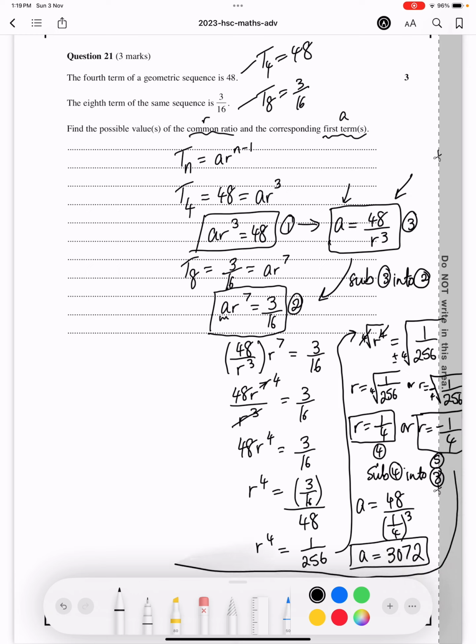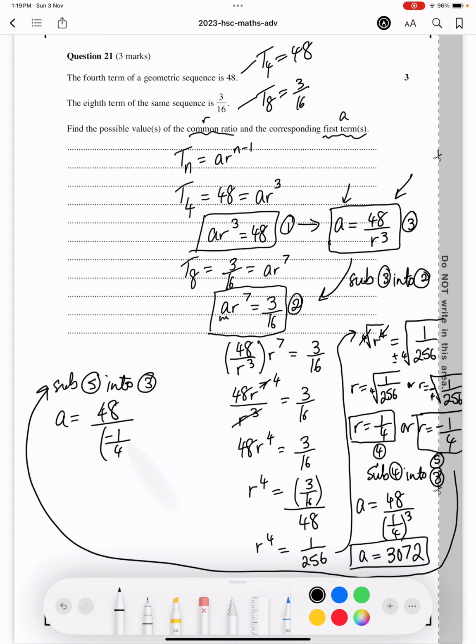And move this to the other side here, give us some more space. When we sub equation 5 into equation 3, we get A equals 48 over minus 1/4 all cubed, which corresponds to minus 3072.